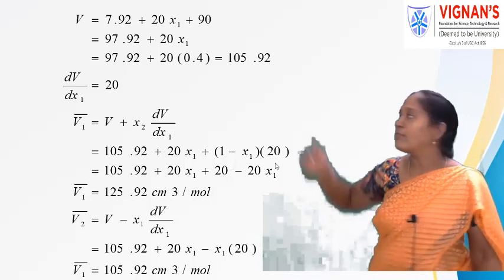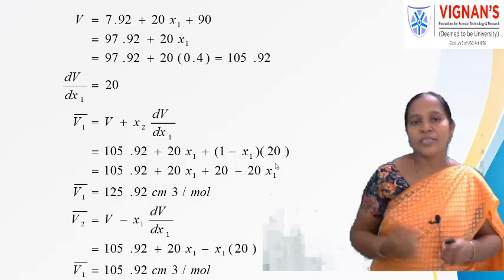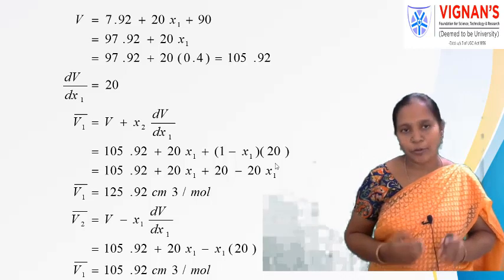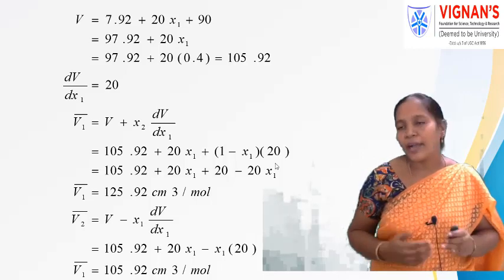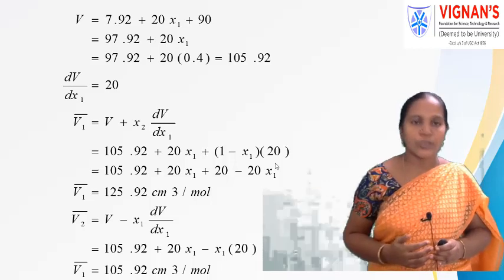Substitute the value of x1 here. Then we will get the total volume equal to 105.92 cm³/mol. After that, differentiate volume with respect to x1, that is 20.